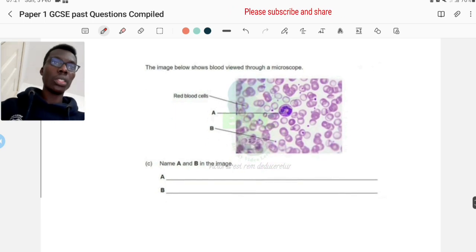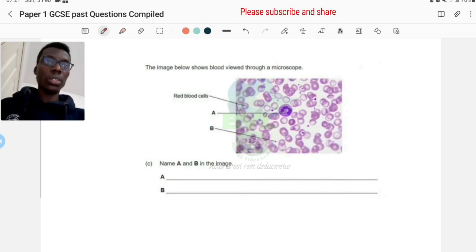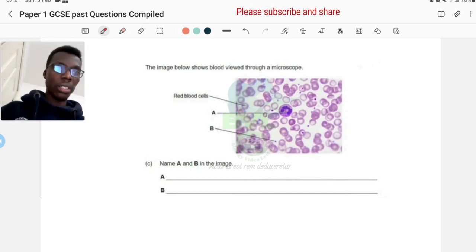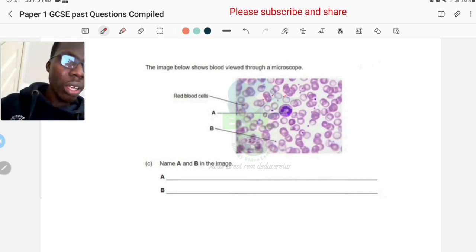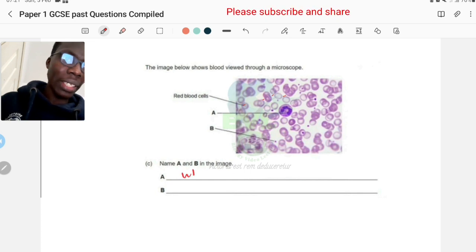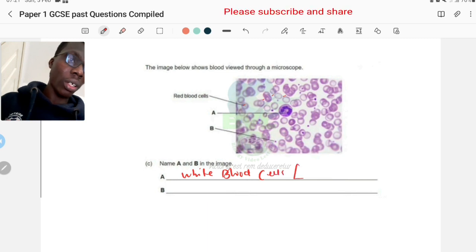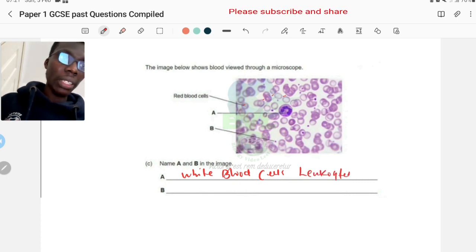The image below shows blood viewed through a microscope. Name A and B in the image. If this is red blood cells, then A is white blood cells, otherwise called leukocytes, while B is platelets, otherwise called thrombocytes.